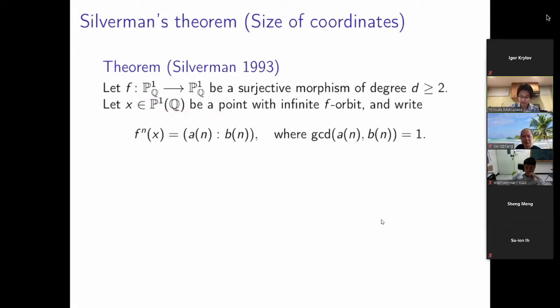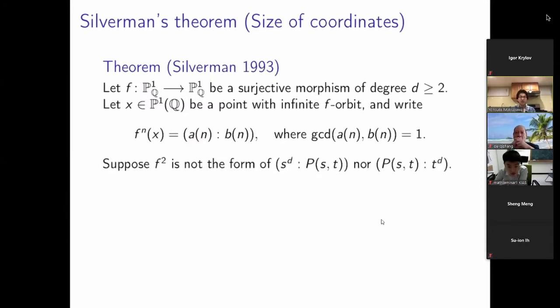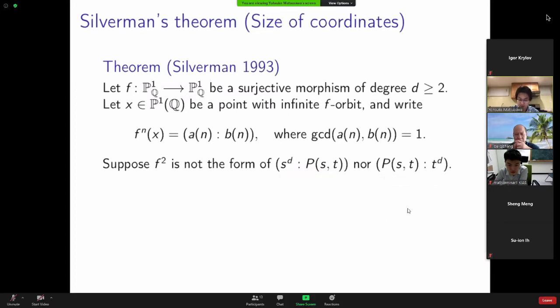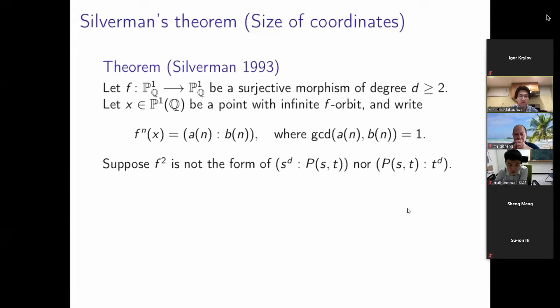As before, we write the coordinates of f^n(x) with coprime integers a and b. Here we need an additional assumption. We assume that the f^2 is not of this form. In other words, f^2 is not a polynomial map on the projective line with respect to the point 0 or infinity.